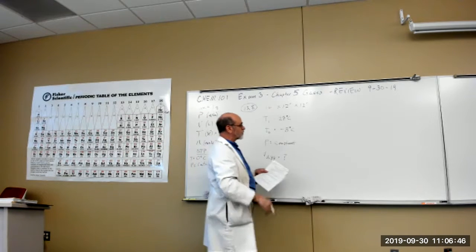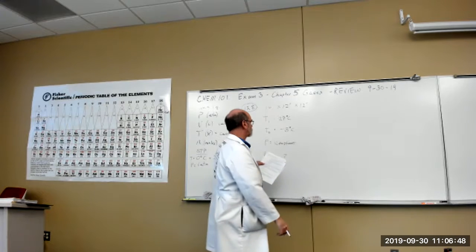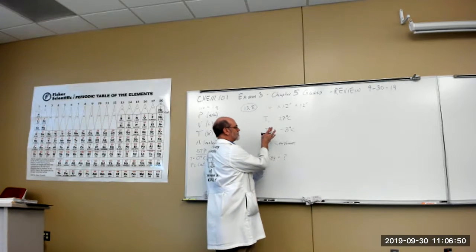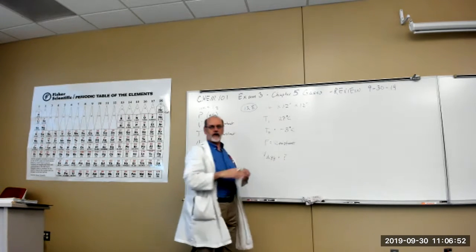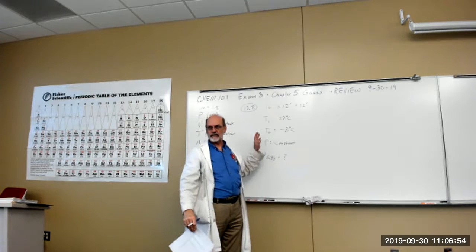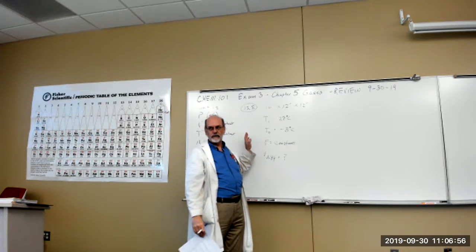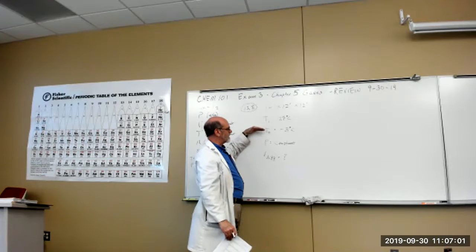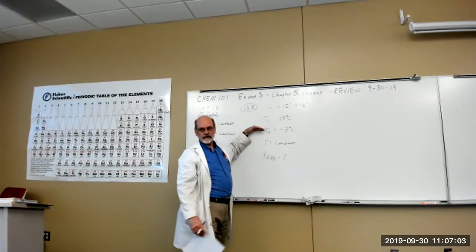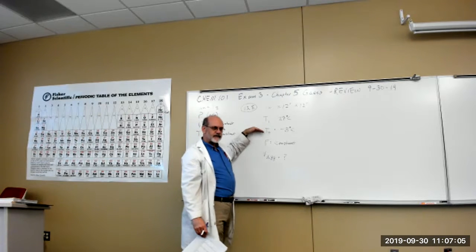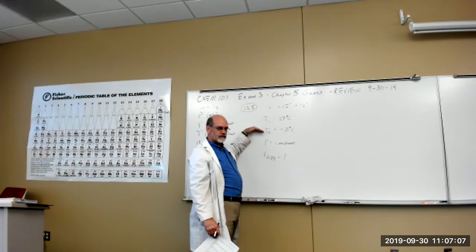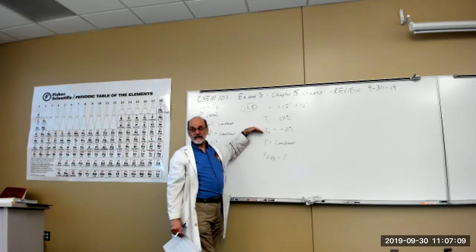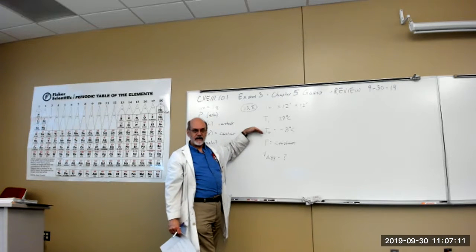We can do some intuition here first. Think of Charles' law, the temperature and volume relationship, with pressure and moles staying the same. If the temperature goes from 27 degrees to -3 degrees, it's decreasing, right? If you decrease the temperature, then you should decrease the volume occupied by that gas.